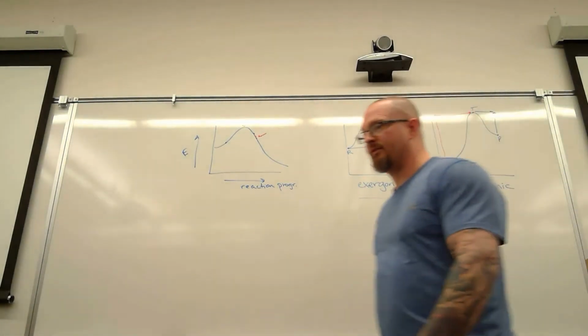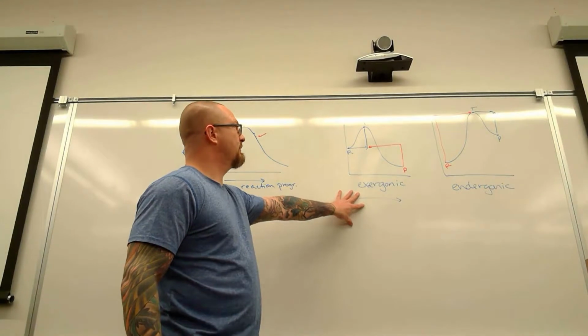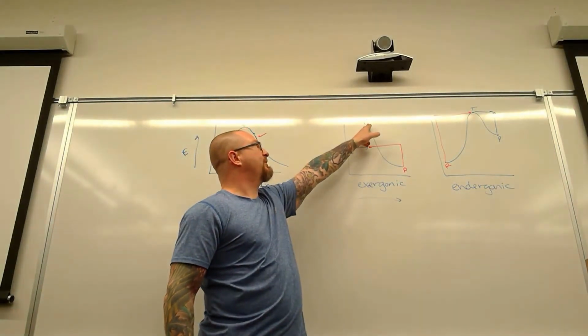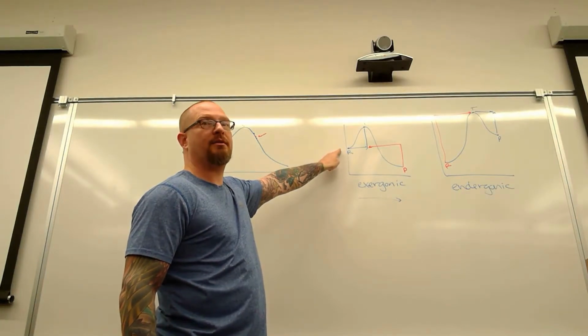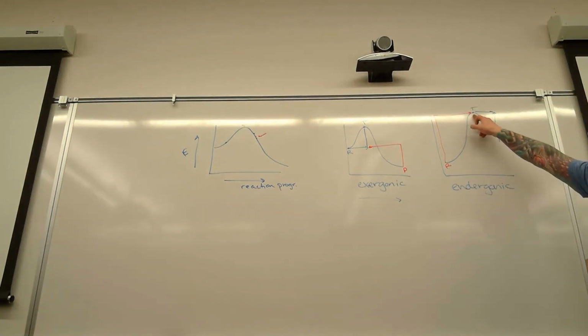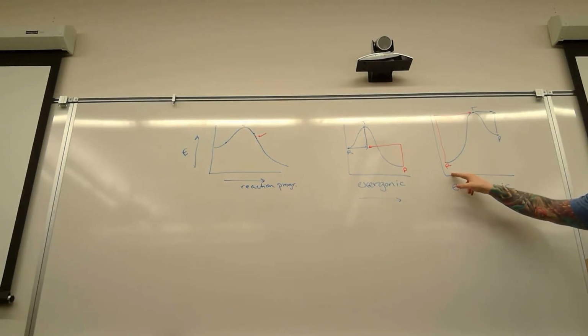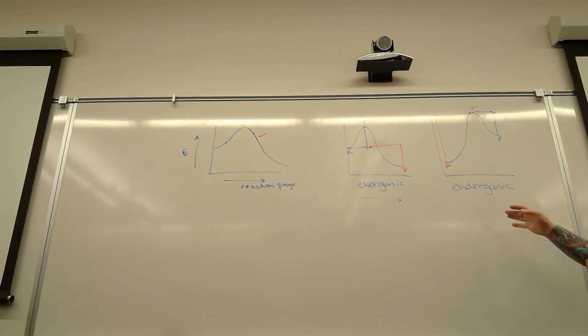So what this means is, in an exergonic reaction, the structure of the transition state is going to more closely resemble the reactant than the product. And for an endergonic reaction, the structure of the transition state is going to more closely resemble the product than the reactant. So we can get some insight into what the structure of the transition state likely is based on the structure of either the reactant or product, depending on whether it's exergonic or endergonic.